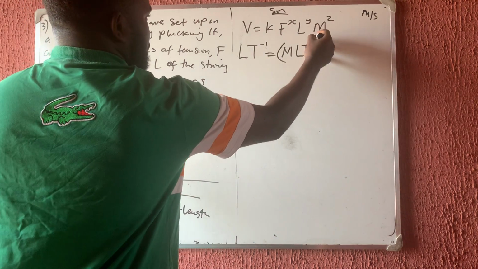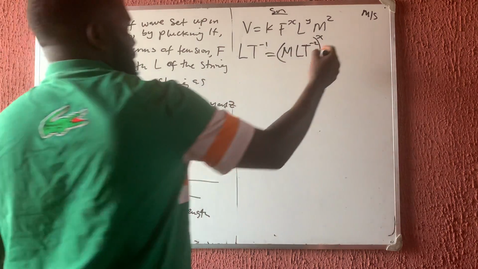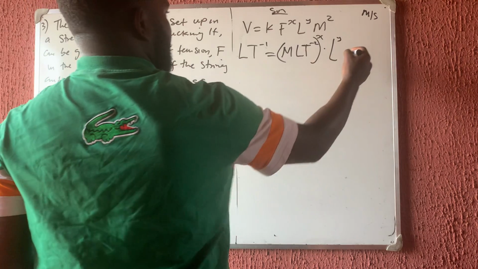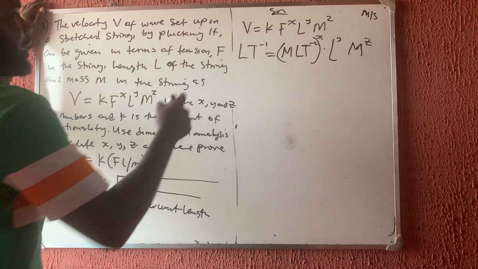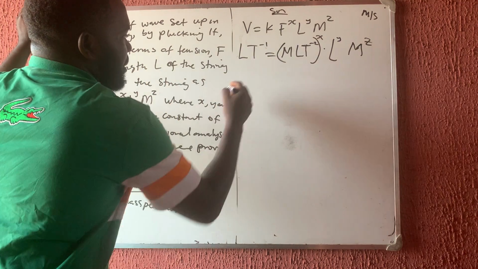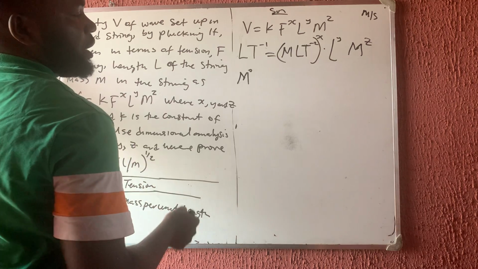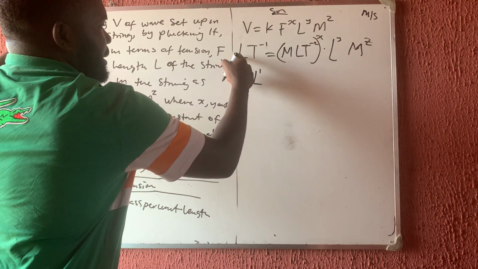Okay, don't forget that it all has raised to power x, times our L is normal thing, L raised to power y, and then our mass is normal, M raised to power z. Okay, so now we have that. Let the left hand side equally have M. So since there is no M here, you put it as M raised to power 0, because anything raised to power 0 is 1. Then I have L raised to power 1. L raised to power 1 is the same thing.